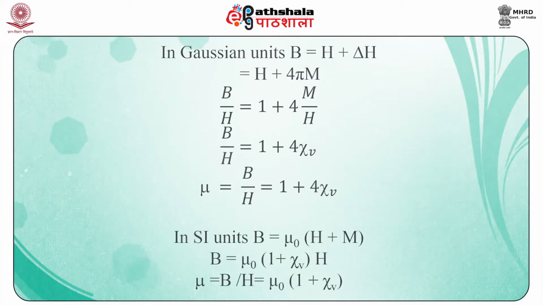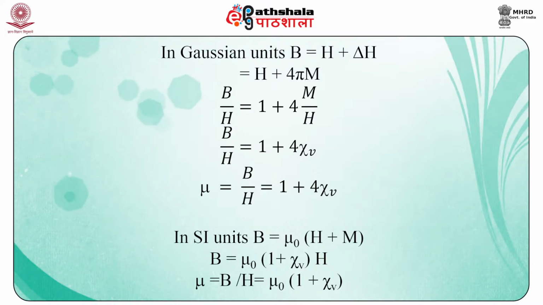When a magnetizable material is placed in a magnetic field of strength H, the total lines of force coming out per unit area of the body is given by the sum of H and the additional field delta H due to the induced magnetization, since M is the pole strength induced per unit area.